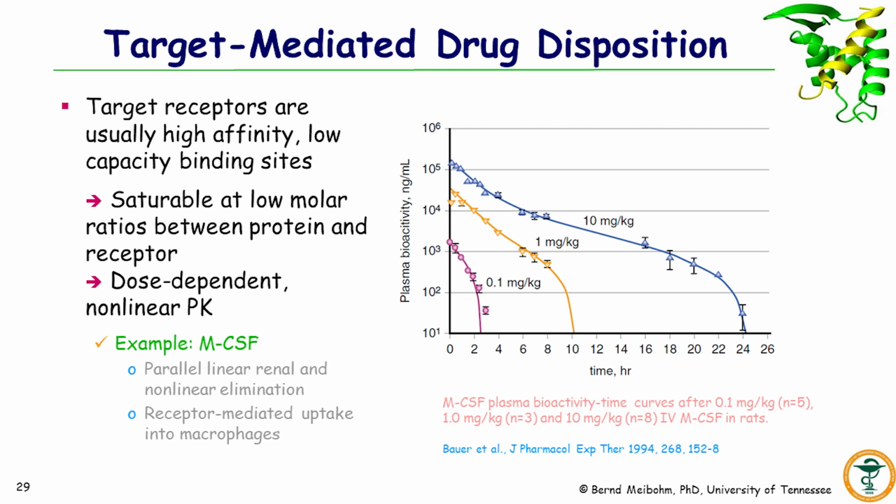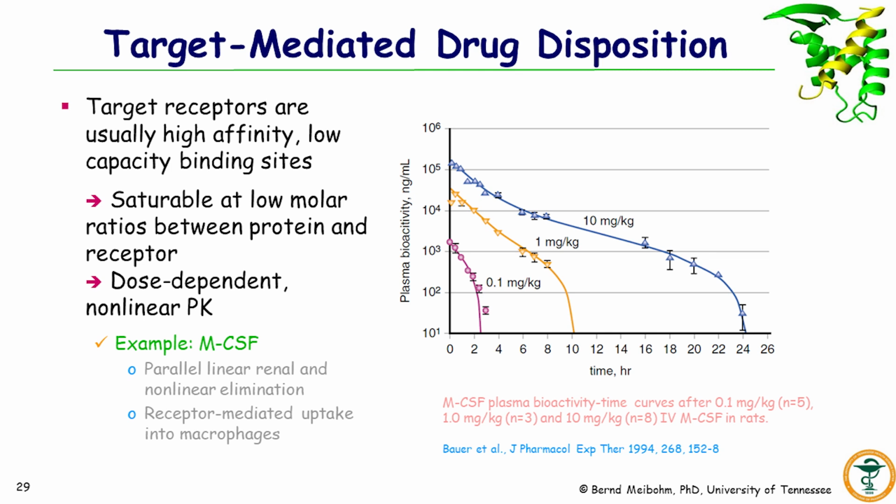When you go to higher doses, you start to saturate, to overwhelm the available receptors. So the receptor-mediated process gets to a saturation level. The extreme is shown here at the highest dose level, where you have now a much flatter curve, a much slower decline in the concentrations, as now the process is largely only mediated by the renal elimination process through the metabolism of MCSF, but not by the receptor-mediated process.